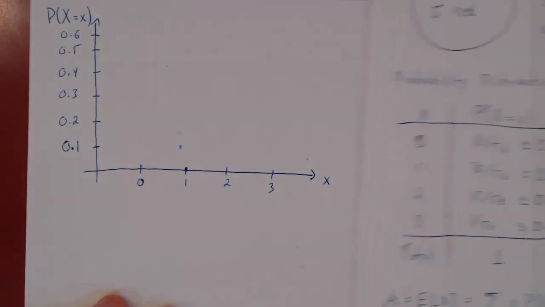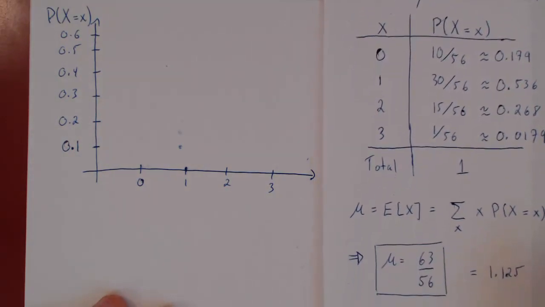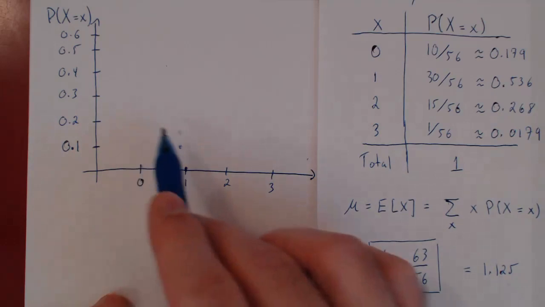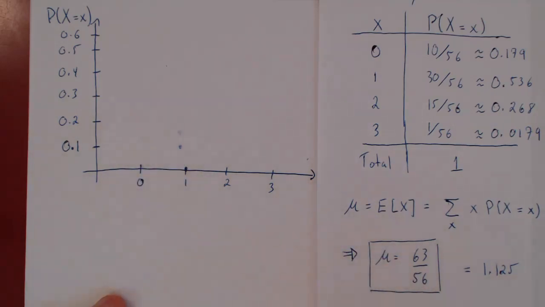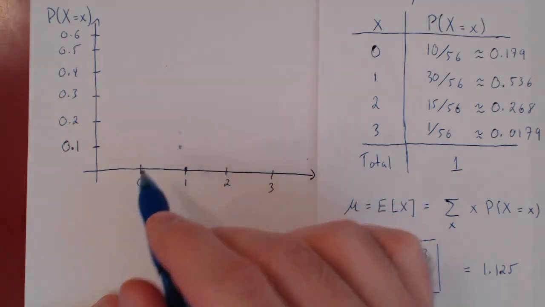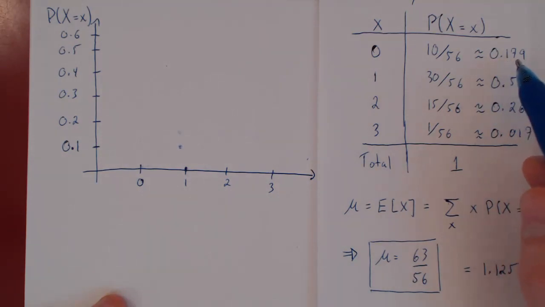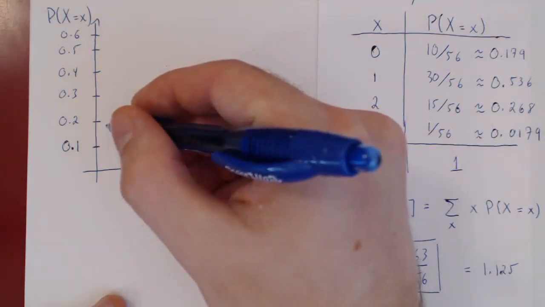And now all we have to do is, above each value of x, include a vertical bar whose height corresponds to the probability. So here it's roughly 0.18. That's a little below 0.2.